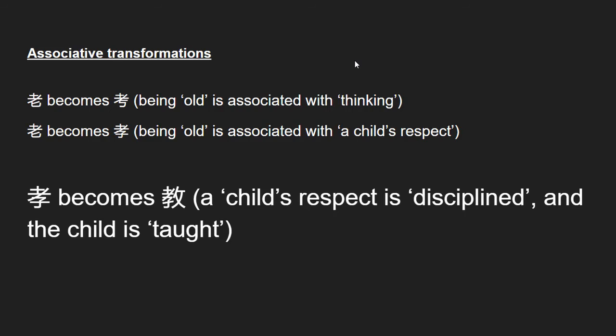And you've got this one, which means a child's respect. You've got that old, so maybe you can see that this is the kanji for child. A child is respecting older people. That kanji is associated with filial piety.